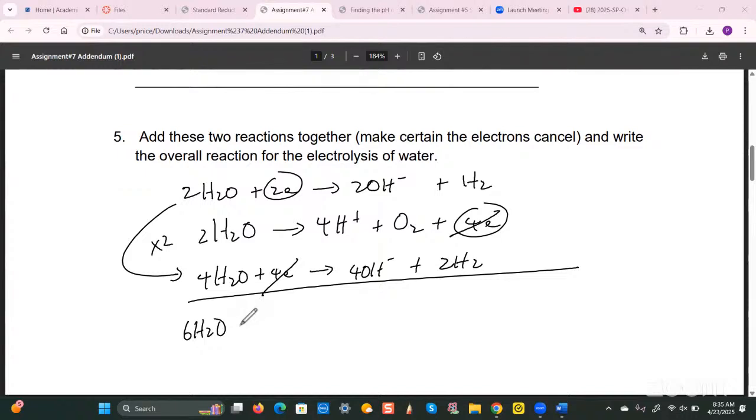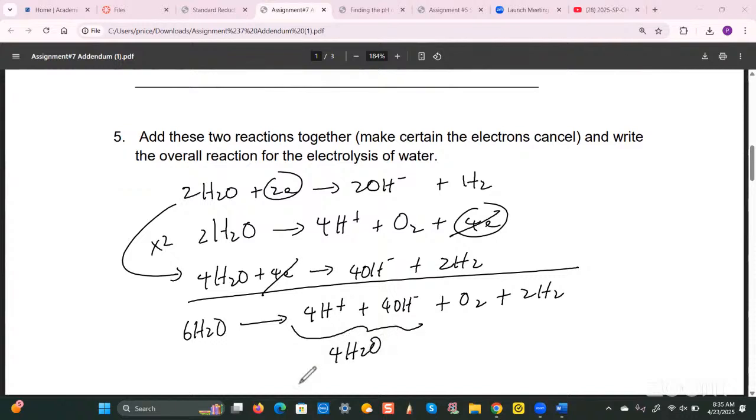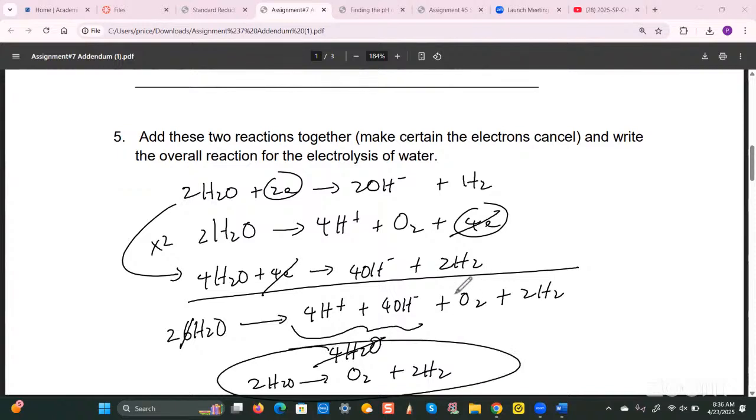So you're going to end up with 4H plus, 4OH minus plus O2 plus 2H2. Now the 4H plus and the 4OH minus will add to form 4 water molecules, right? So these 4 water molecules will cancel out with 4 of these, leaving behind 2. So your final equation will be 2H2O to form O2 plus 2H2. So this will be the final answer right here. All right?